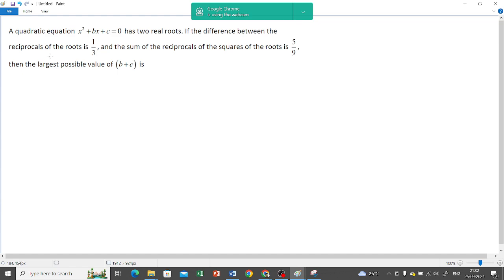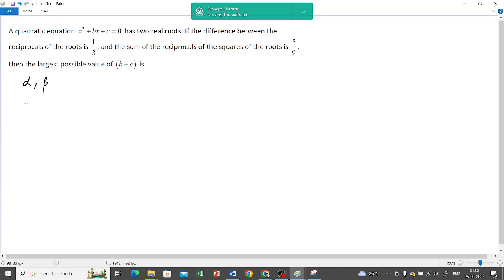If the difference between the reciprocals of the roots is 1 by 3 and the sum of the reciprocals of the squares of the roots is 5 by 9, find the largest possible value of b plus c. So let the roots be alpha and beta.